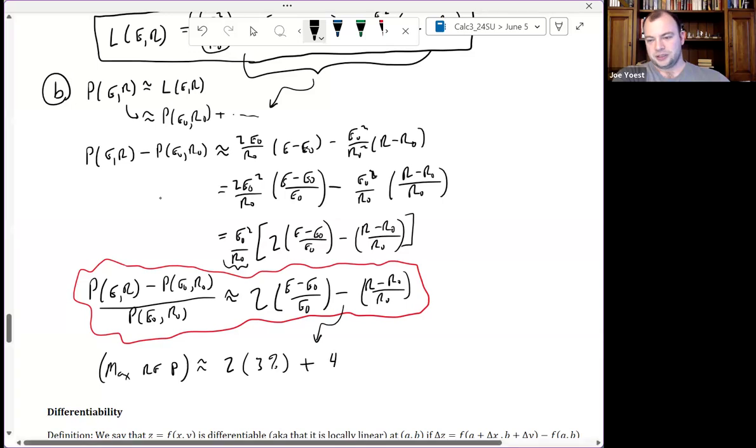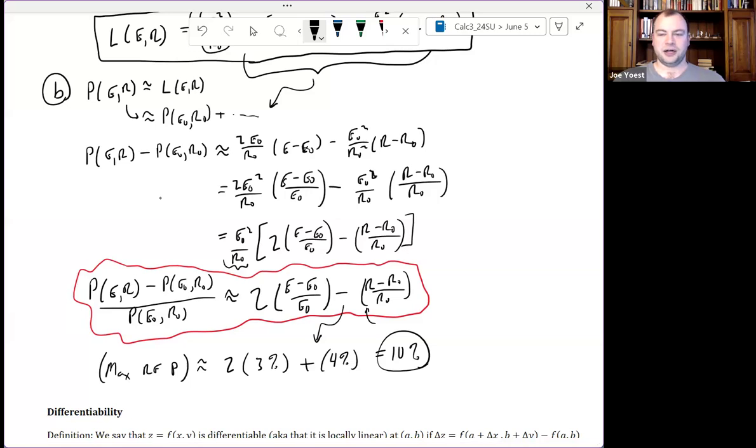So I'm going to say plus 1 times my relative error in R, 4%, or that is 10%. So with these bounds on the relative errors for E and R, my bound for the relative error for the power is going to be about 10%. Much easier to do this using linear approximations than to try to do this using the original function.